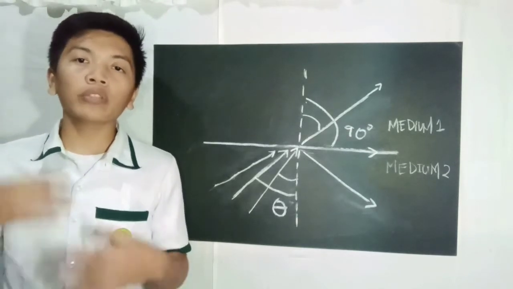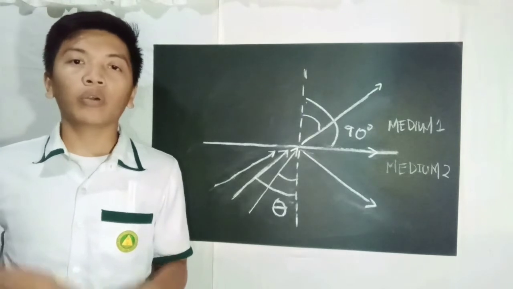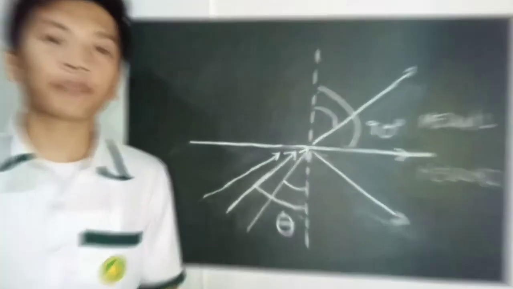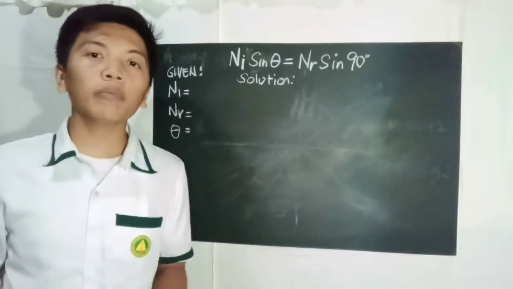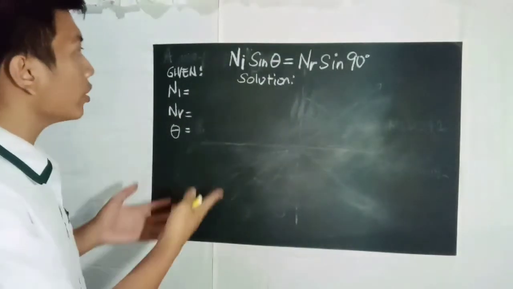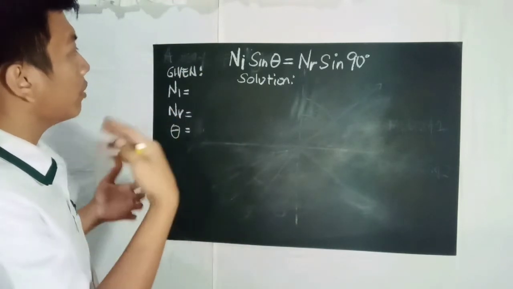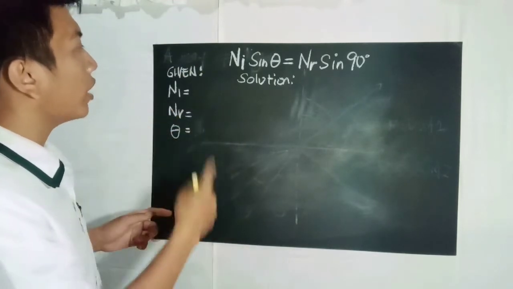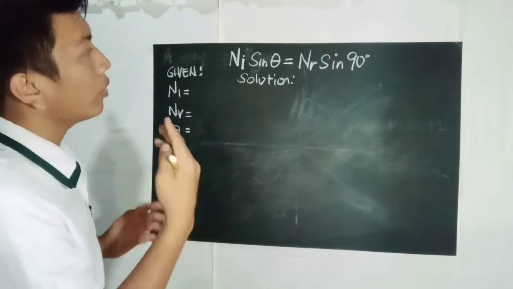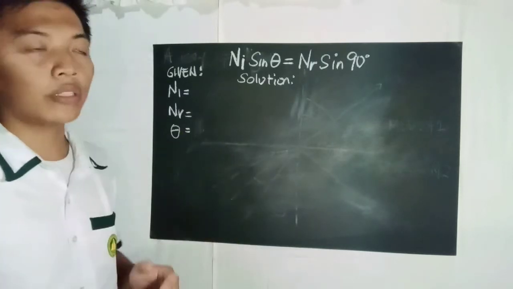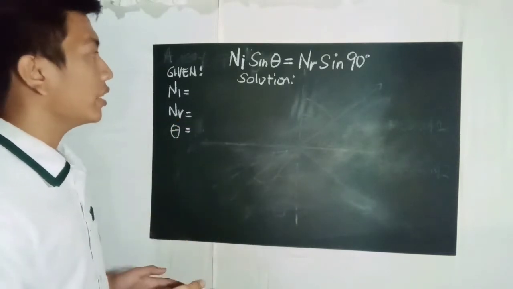So now, I'm going to teach you how to find the critical angle. So let's consider this problem. In solving this problem, we will use the Snell's law formula, which is the index of incidence, denoted by big letter N and small letter i, times sine theta critical, is equal to the index of refraction, denoted by big letter N and small letter r, times sine 90 degrees.